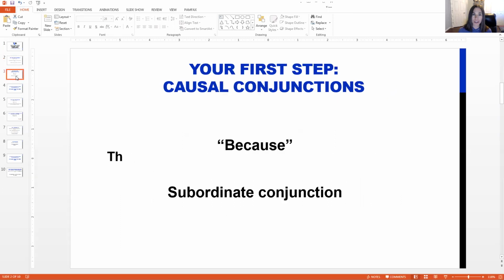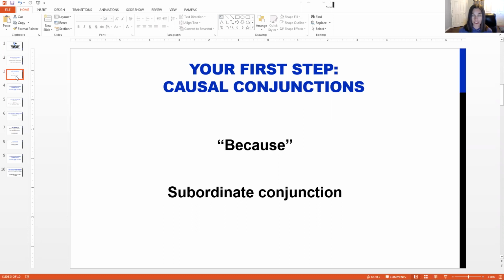Well, it's because your first step when you are having to answer why is understanding causal conjunctions. One that comes up a lot is the word because. Because is a subordinate conjunction. It's also a causal conjunction, so that's a specific type of subordinate conjunction.